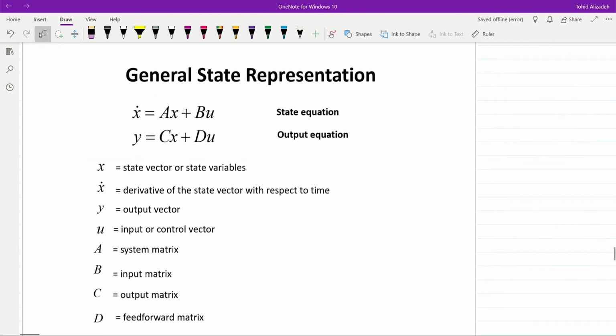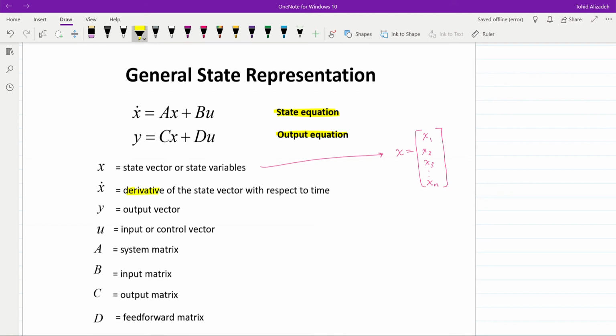Here we see the general state space representation for a given system. x dot equal to Ax plus Bu is the state equation, and y equal to Cx plus Du is the output equation. Over here, x is the state vector or the state variable. x will be in the form of a vector of x1, x2, x3 down to xn. x dot is the time derivative of the state vector.